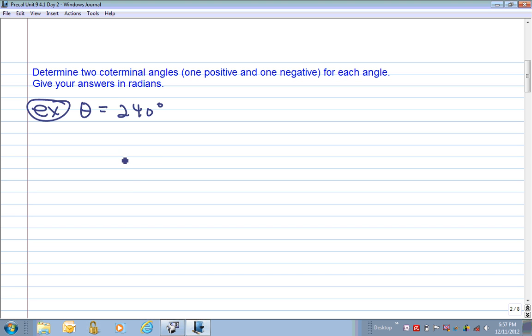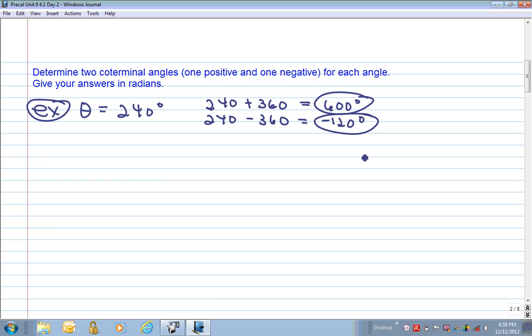Same thing, starting and ending at the same location, still adding or subtracting values of 2 pi, or in this case, 360 degrees. So we would have 240 plus 360, and that would be 600 degrees. And we would have 240 minus 360, and that would be negative 120 degrees. And those would be your two coterminal angles, a positive and a negative one.